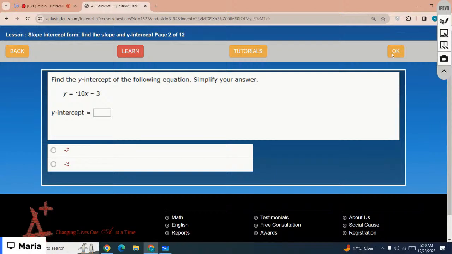Yes, the correct option is negative 3. Negative 3 is the y-intercept.